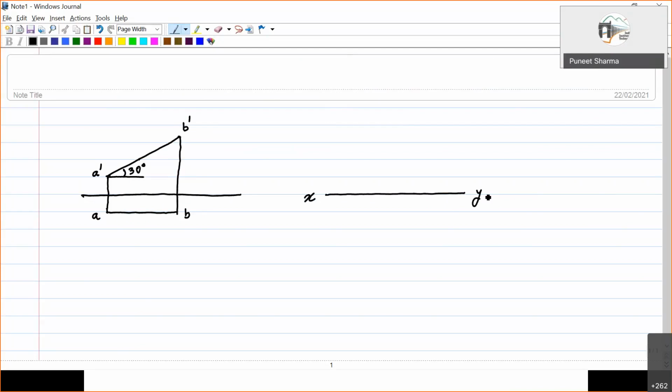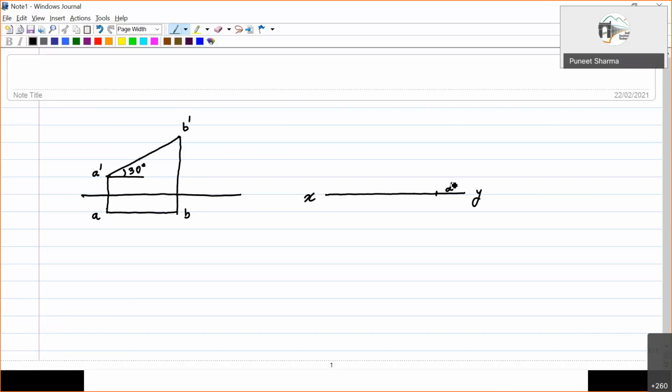Let me complete this first. Okay, so usually we draw CD as C being at left, D being at right. That is the usual convention. If we call A, B, C, D, E, whatever, right? So maybe I'll choose D at this location. So D is in the vertical plane.